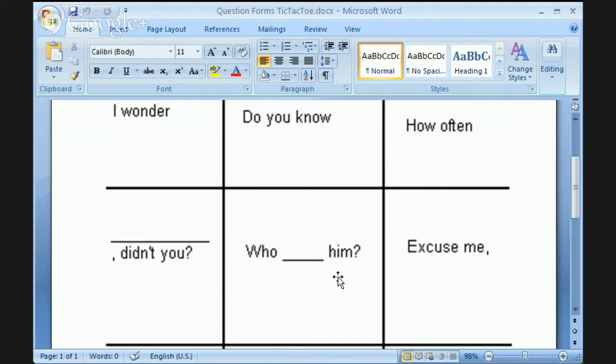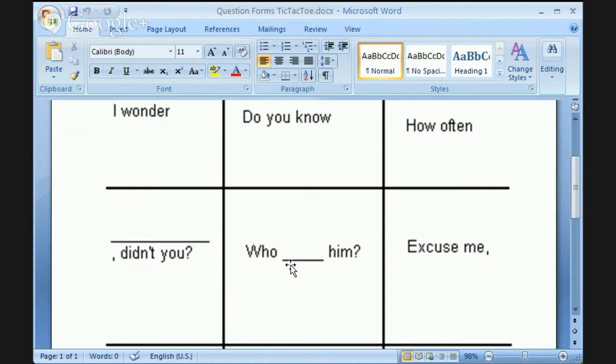Okay, so that's not going to work. The verb to be is really not going to work here. Who is, who was, who are. Nope. Can you think of an alternative, Miguel? Who is going to play with him?